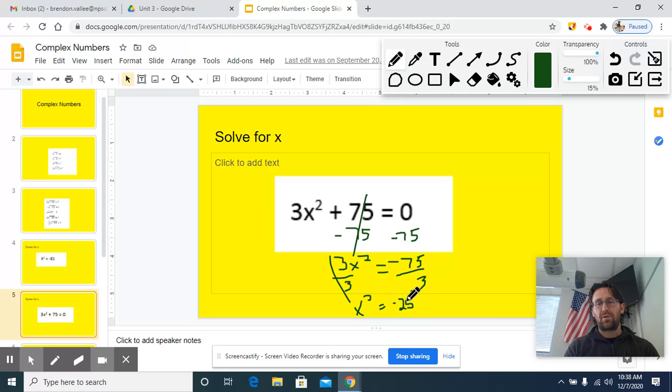But you got to take the square root of both sides. So that would be x equals plus or minus... Hold on, let's redo that. x equals plus or minus 5i.